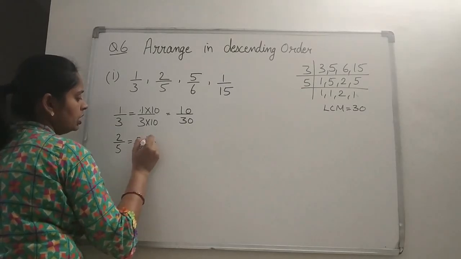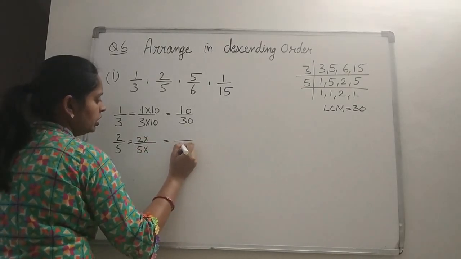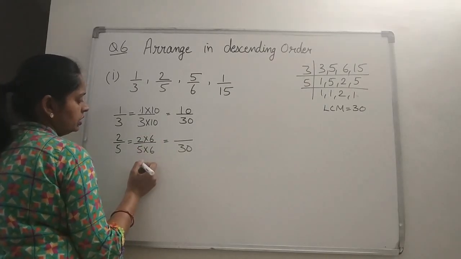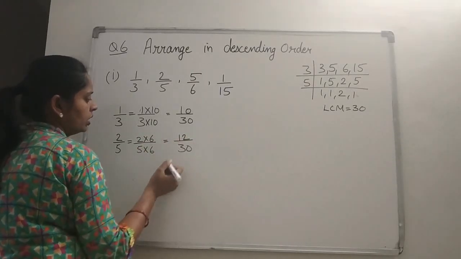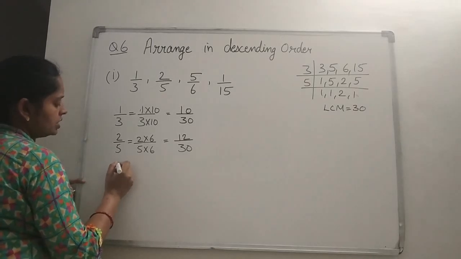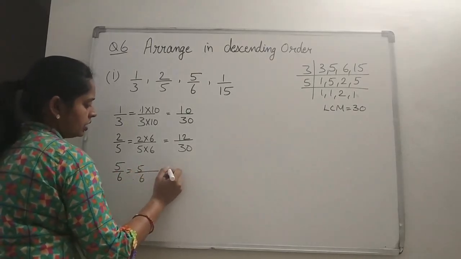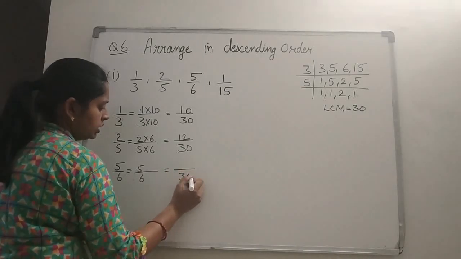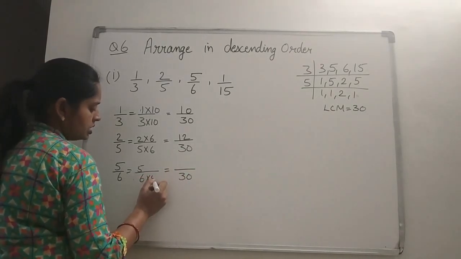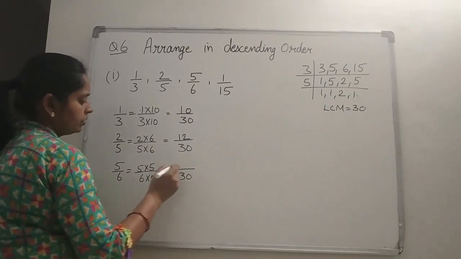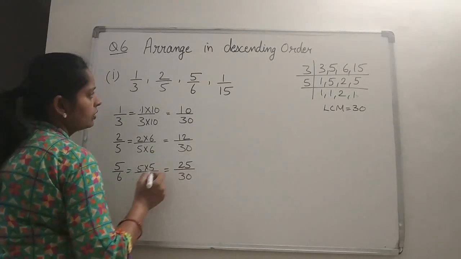What we need to multiply to get the denominator as 30 again. 5 6s are 30. So 2 6s is 12. Right? Now next one is 5 upon 6. So in 5 upon 6 again we want denominator as 30. So 6 5s are 30. So we have to multiply numerator also by 5. 5 5s is 25.